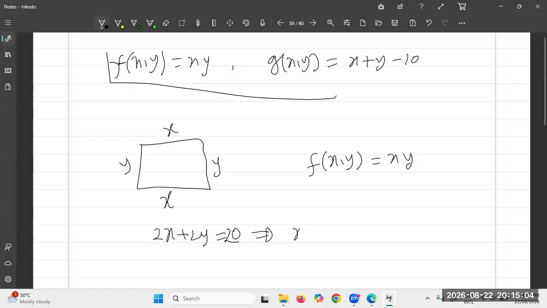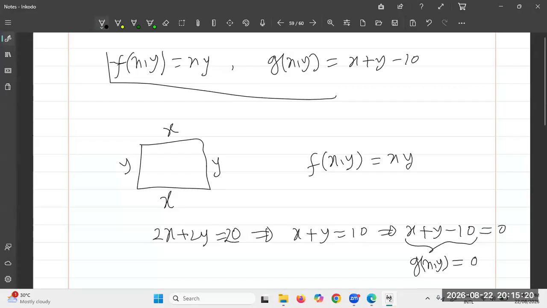We can write this way: x plus y is equal to 10. Just put all the quantity on the left hand side. So x plus y minus 10 equal to 0. This is called g of x comma y. So g of x comma y equal to 0, where we are considering our g of x comma y is equal to x plus y minus 10.